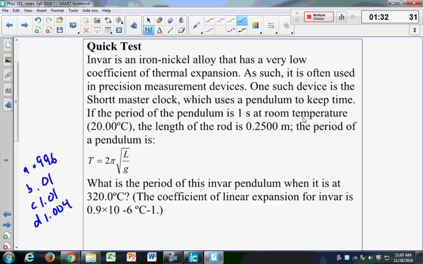And that means that my period, which was 1 second, has to be more than 1 second. So I can get rid of both A and B on this one and calculate, and then it cuts my chances considerably. I think I'll use 9.8 for g on this, so if you get a slightly different answer, that's okay.